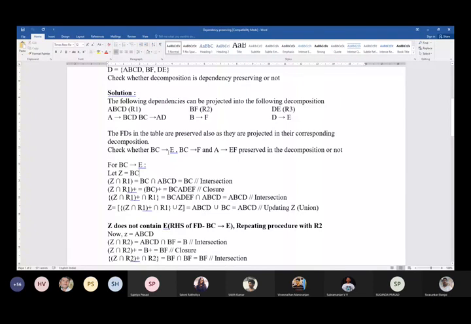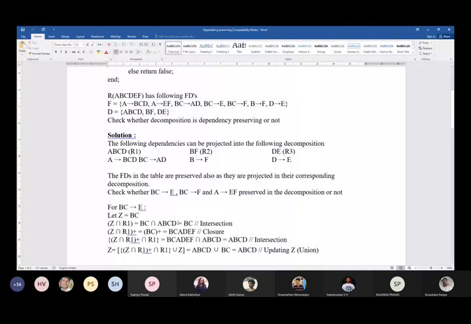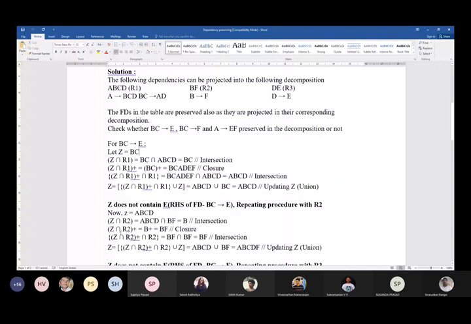Z intersection R2 is going to be ABCD intersection BF. Z intersection R2 closure is going to be B closure. So B closure is going to be BF, right? So Z intersection R2 closure intersection R2 is going to be BF intersection BF, which is going to be BF.